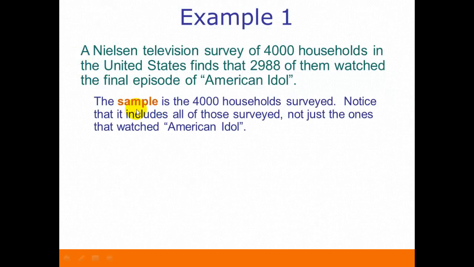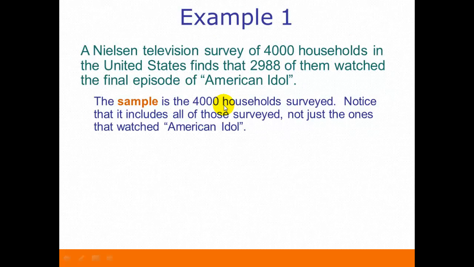So this would be the 4,000 households that were surveyed. Notice, again, this includes all of those surveyed, not just the ones that watched American Idol. So the 2,988 is data that we collected from our sample, but it is not the entire sample.